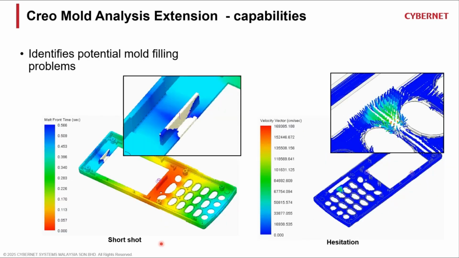Another problem can be observed by using the analysis. If I zoom in on this area, it tells me that at the melt front time of 0.566, there is some region that is not being filled.